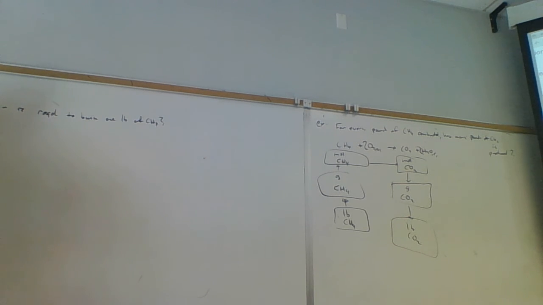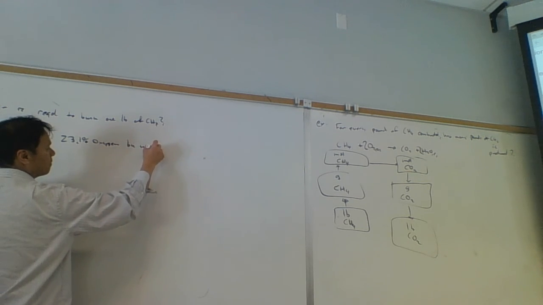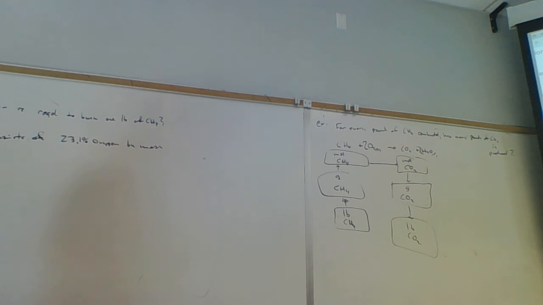Yahoo Answers is bad. But we'll just say assume air consists of 23.1% oxygen by mass. It's actually a pretty straightforward calculation. But it means that this question's order.